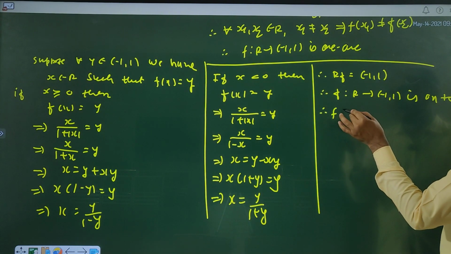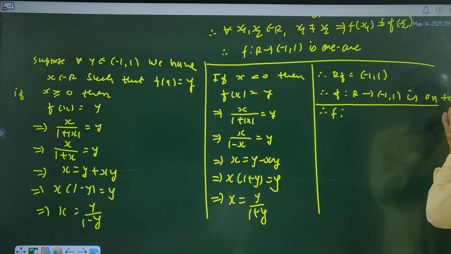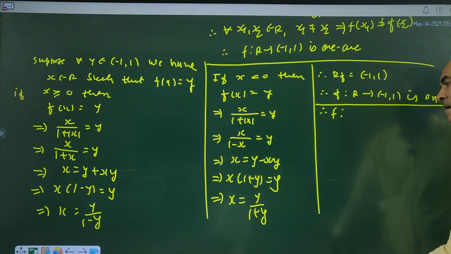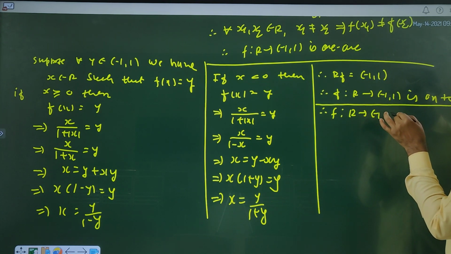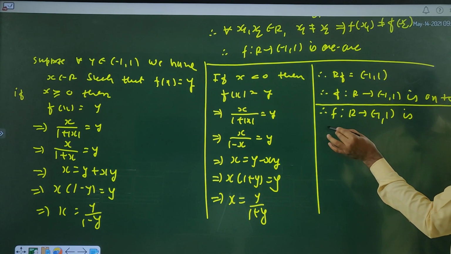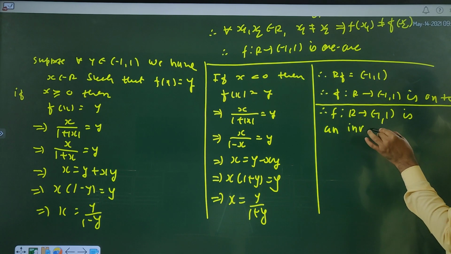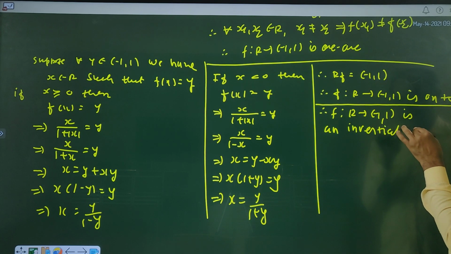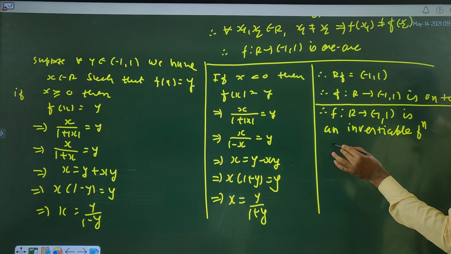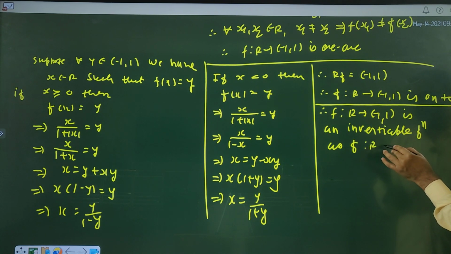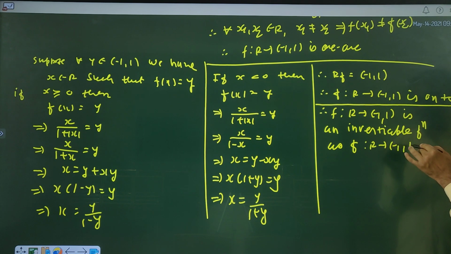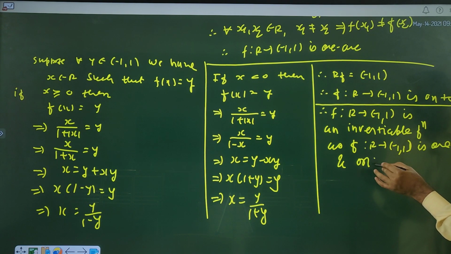And therefore, see, we wanted to reach this stage for the given sum. Whatever I am going to write now is the extra part. And therefore f from R to minus 1 to 1 is an invertible function, as f from R to minus 1 to 1 is one-one and onto.